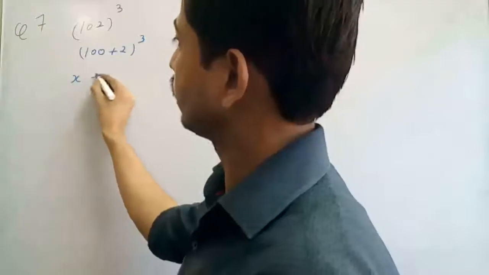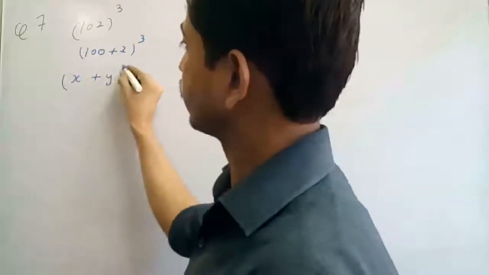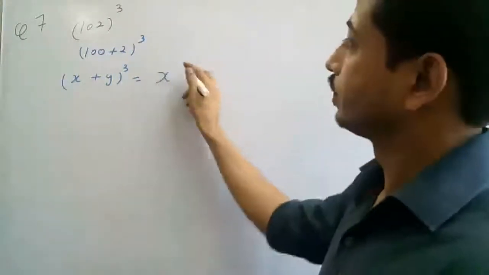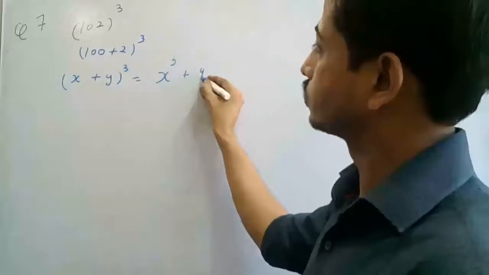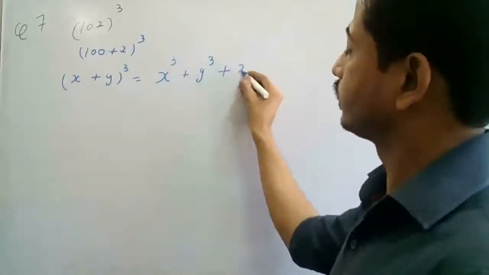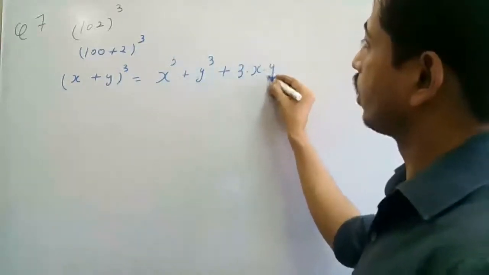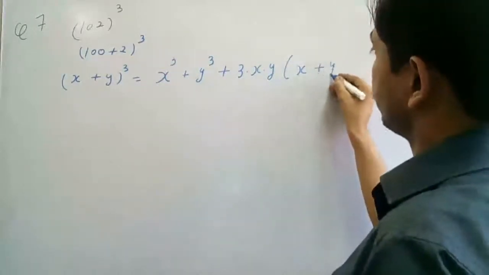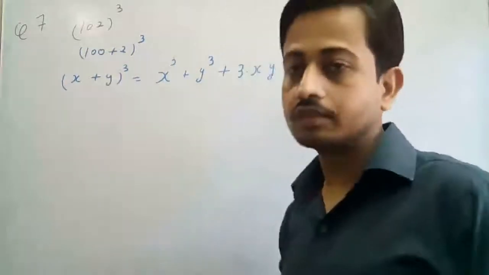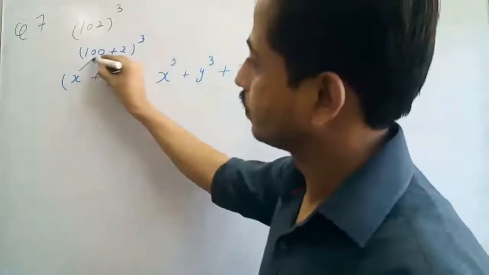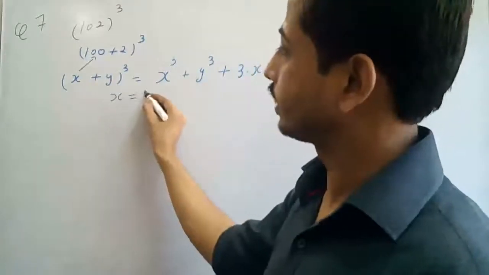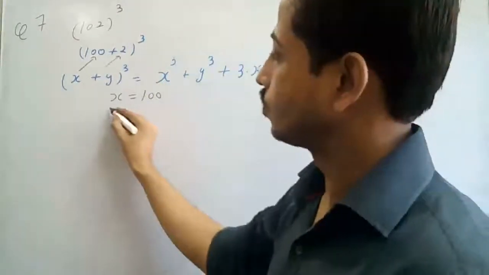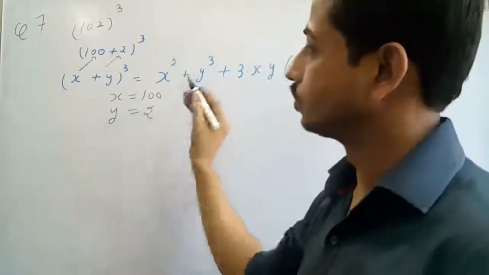Now the identity is what? x plus y whole cube is equal to x cube plus y cube plus 3 multiply x multiply y, bracket x plus y. Now do comparison. The first term is 100, so we put x is equal to 100. Now the second term is 2, so the value of y is equal to 2.